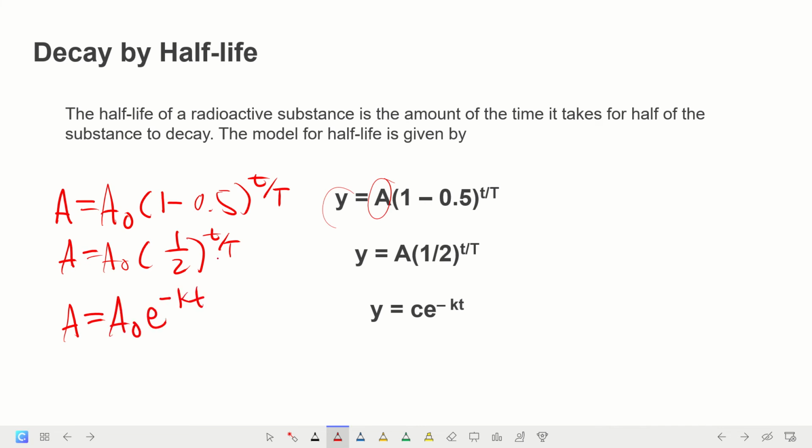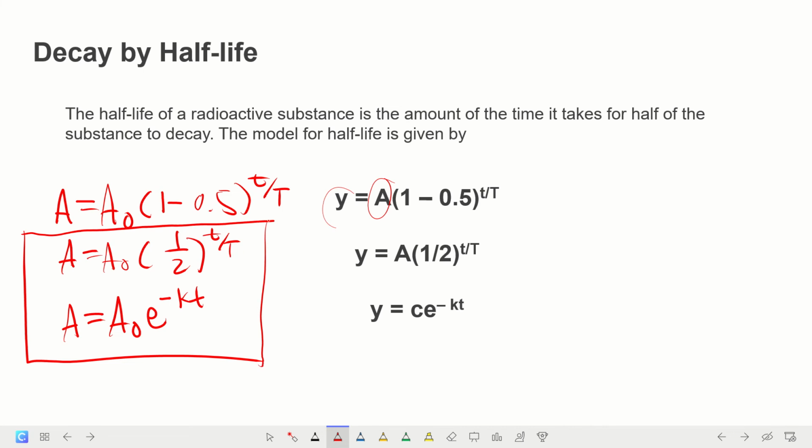Ito yung gagamitin natin, kasi 1 minus 0.5 is just 1/2, or just 0.5. If you don't like to use the fraction form, you can just write 0.5 raised to t over T.